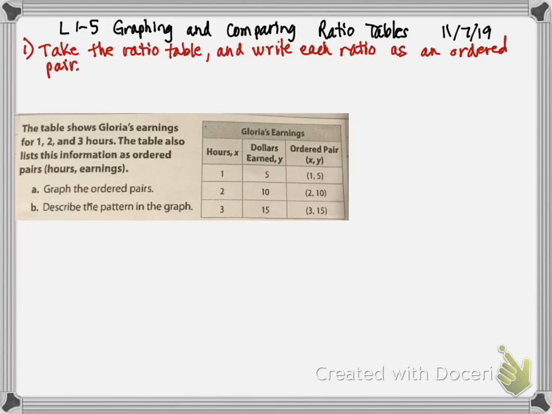And you can see in our particular ratio table, this one about Gloria's earnings, they've actually created a 3rd column in our ratio table, and they have done just that, already created the ordered pairs for us.